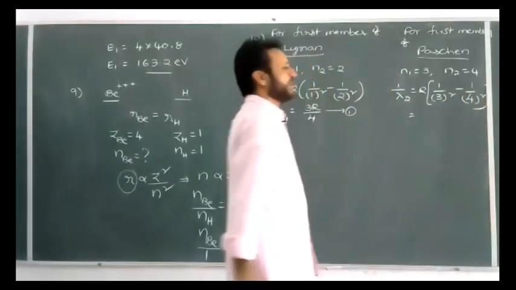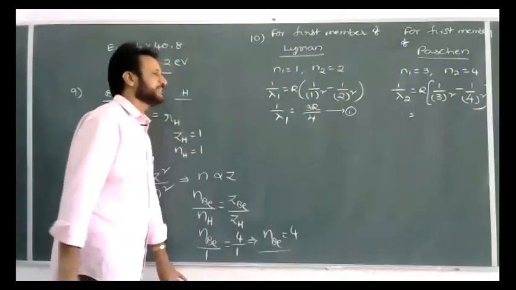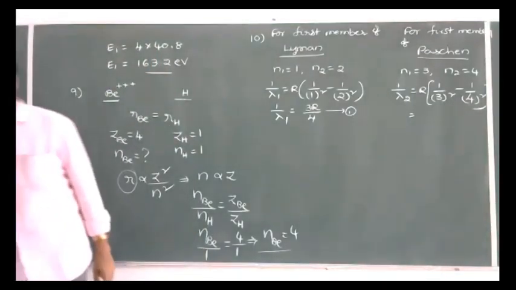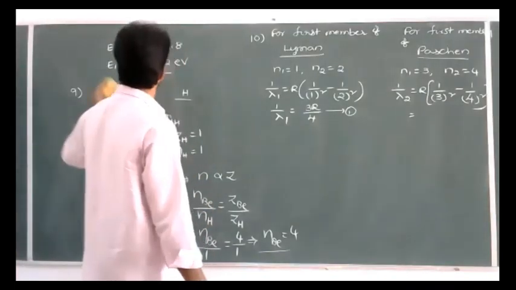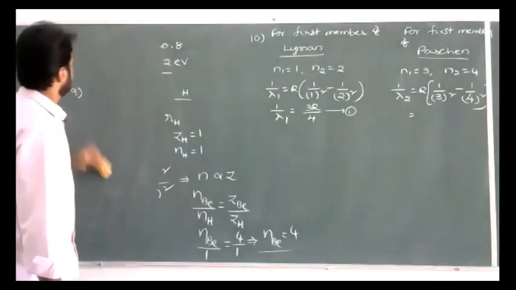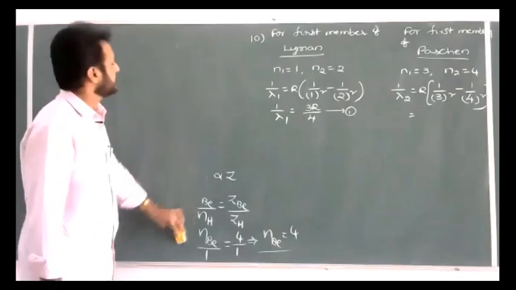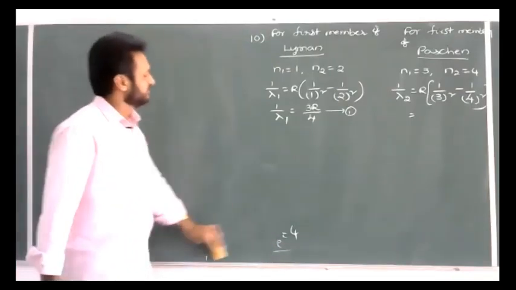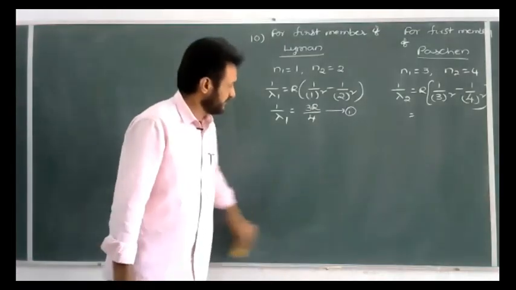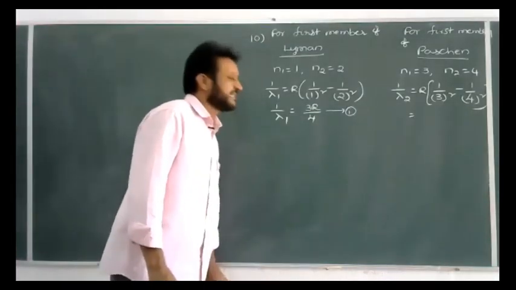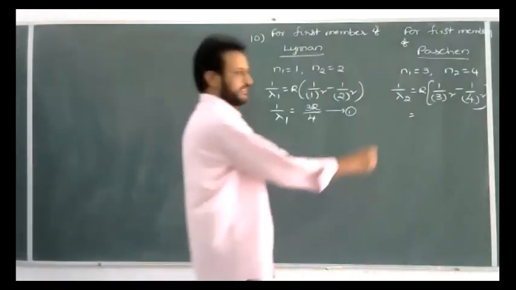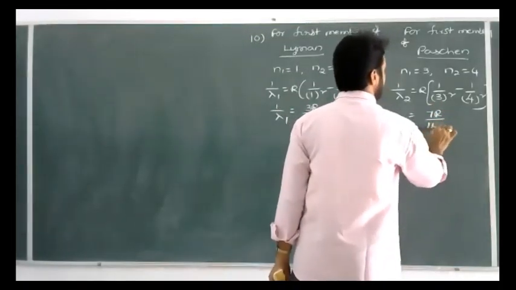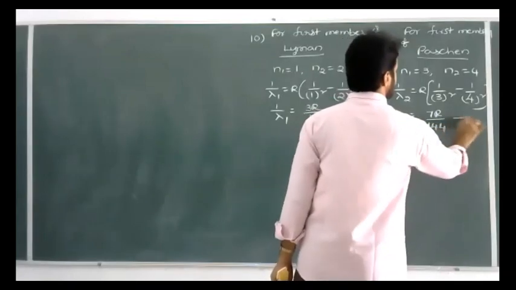That equals 1 by 9 minus 1 by 16. Simplify it. And later we have to divide first and second equations. What will we get? 7R by 144. Second equation.